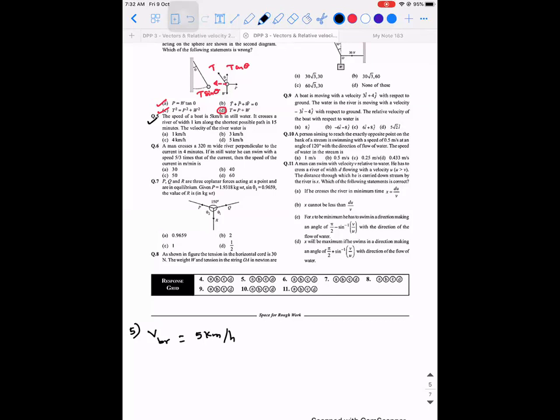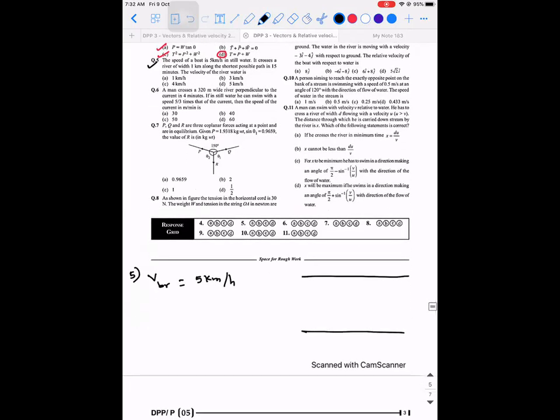Shortest possible path means how is the boat supposed to start? Perpendicular, sir. It should start perpendicular. Okay, when it starts perpendicular, will it be able to reach exactly the opposite shore? When it starts perpendicular, if this is point P, will it exactly reach point Q or will it get drifted?